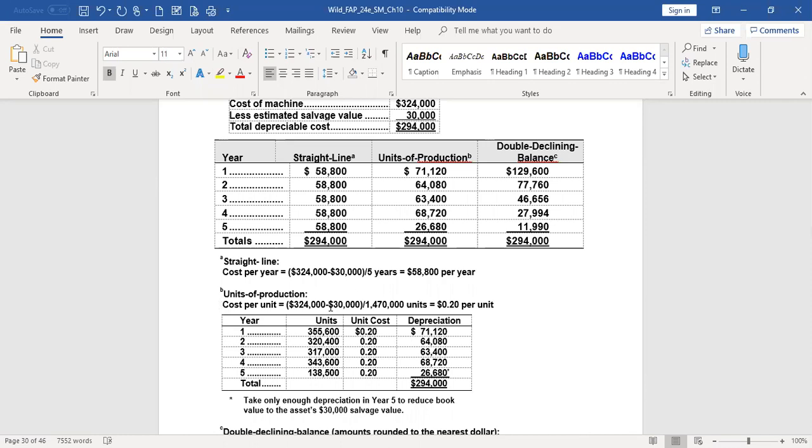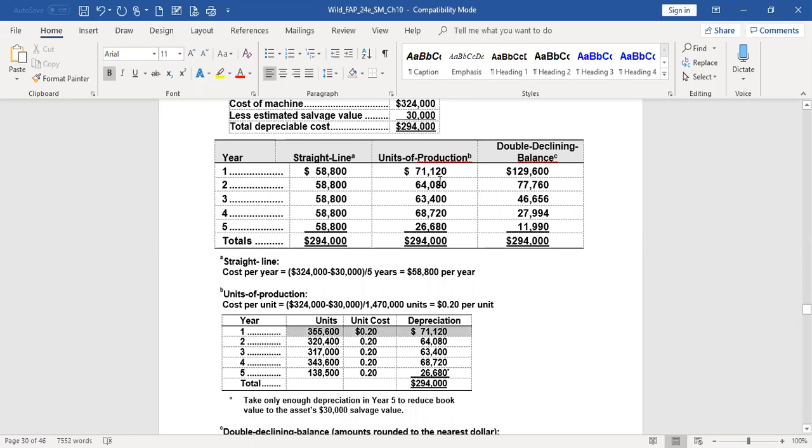Instead of dividing the depreciable cost by the number of years you can use the machine, we're now going to divide it by the number of units it will produce over its life, 1,470,000 units. So each time a unit is produced, this machine depreciates 20 cents. So for each year, we must take the actual units produced times 20 cents.